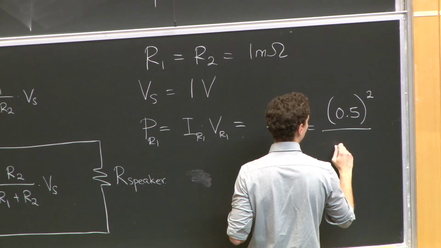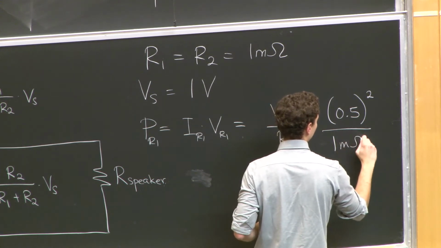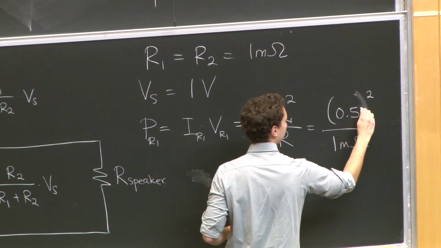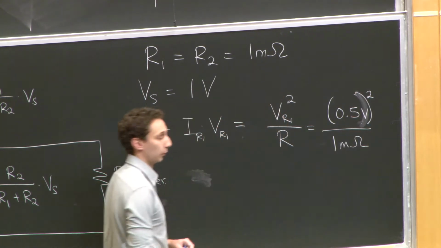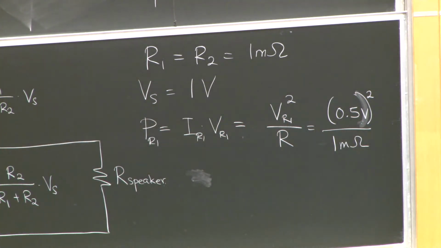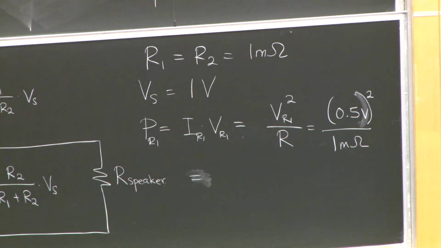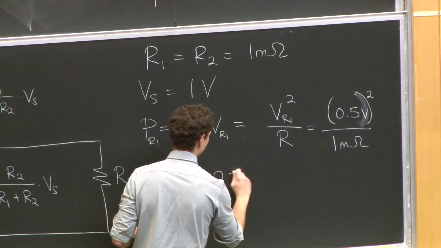And the resistance is 1 milliohm. Half a volt, squared, divided by a milliohm, which is 250 watts.